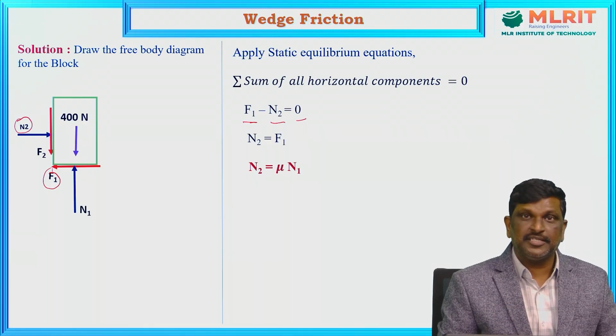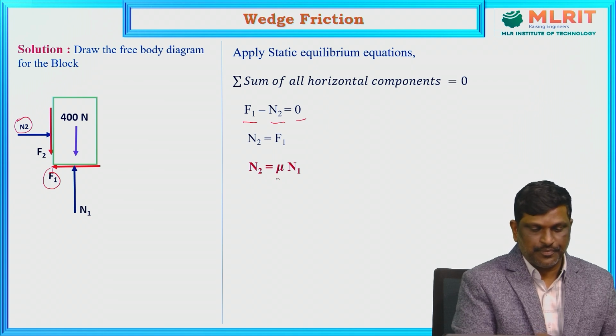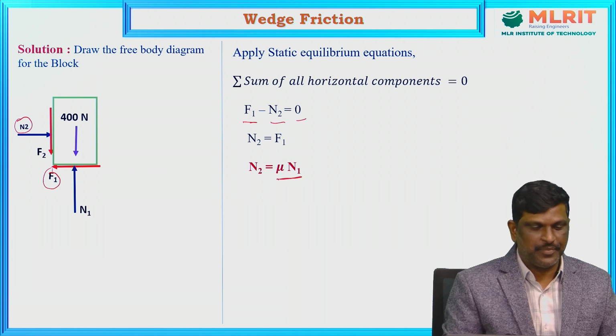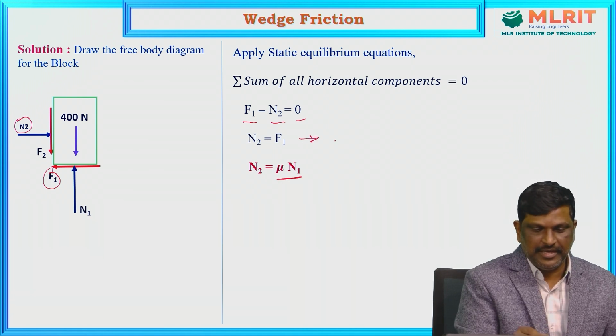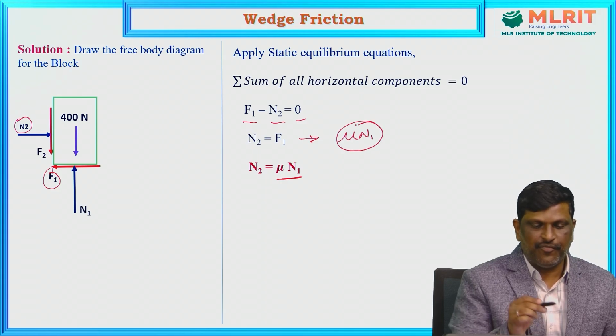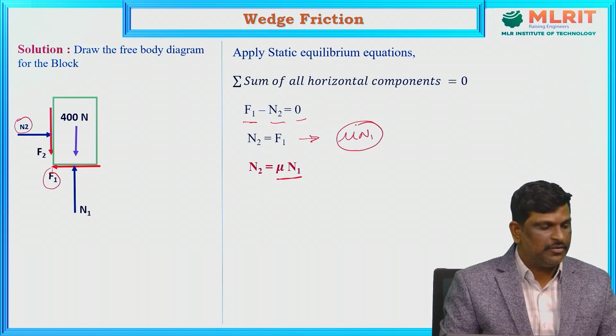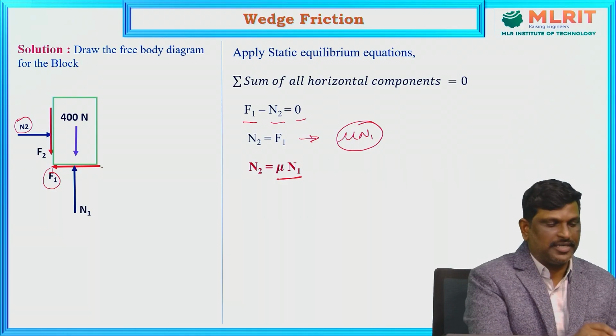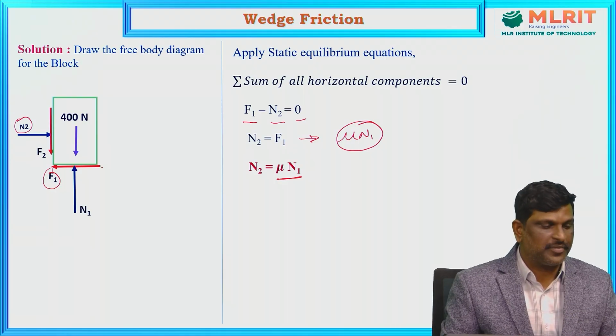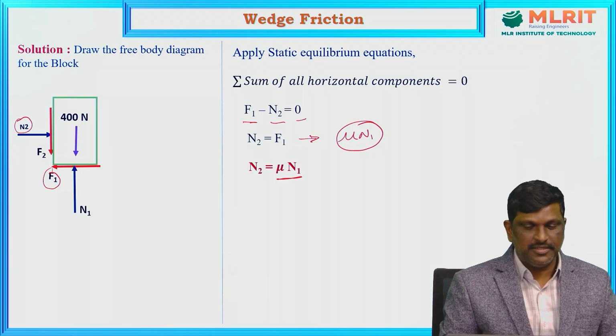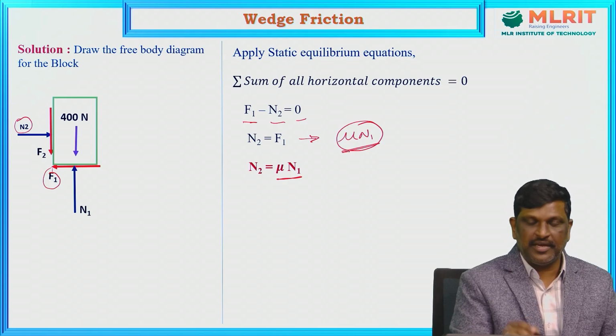We know that F1 will be given by mu N1. F1, the friction 1, which is at the contact surface of the bottom and the block, is mu N1.